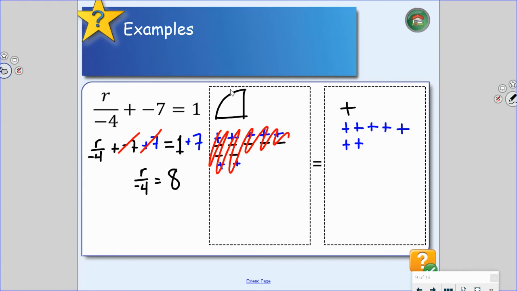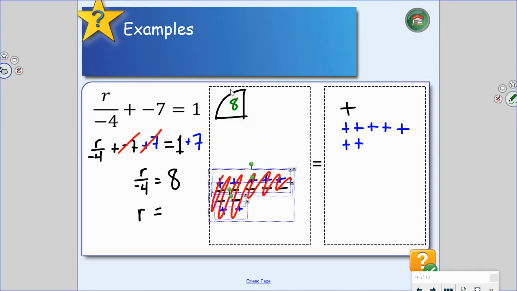But remember, we don't want a part of an R, we want a whole R. So if part of this R is, it appears, +8, let's go ahead and figure out what the whole R would be. So if that part is 8, then that part is 8, and that part is 8. Now, what does that mean symbolically?